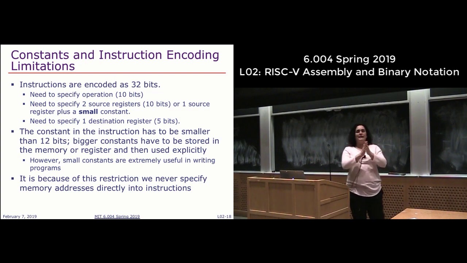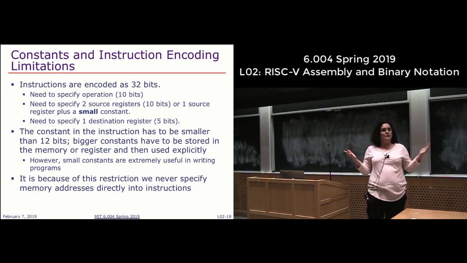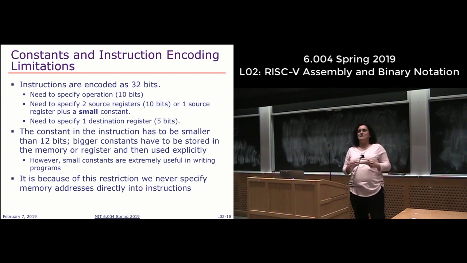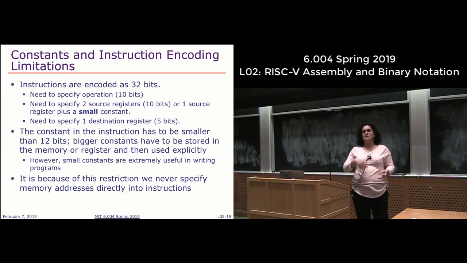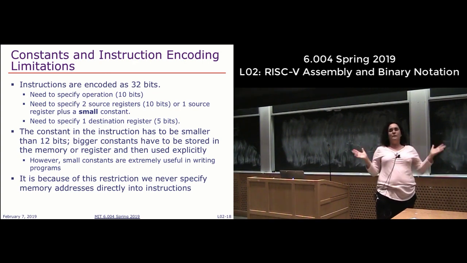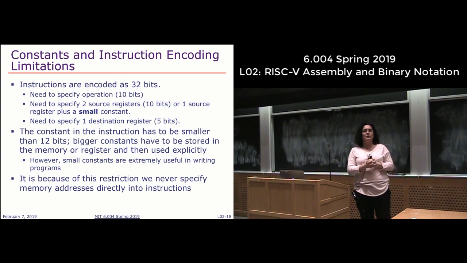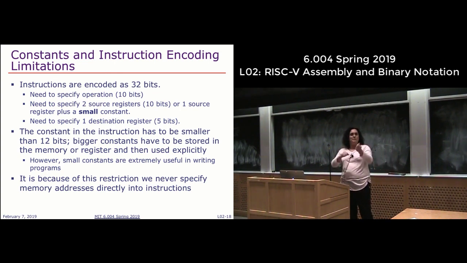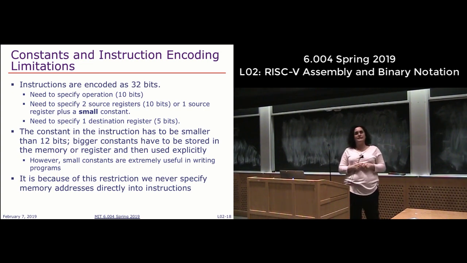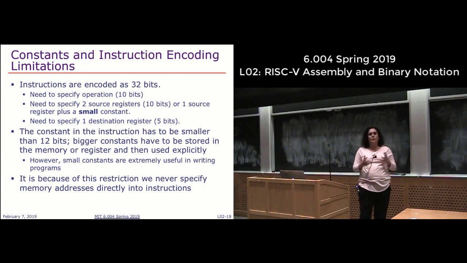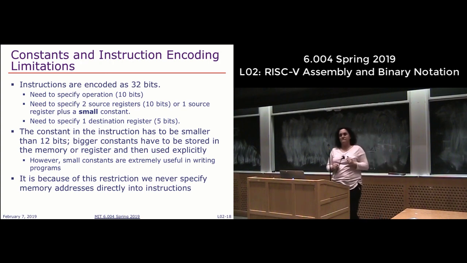If each one of my addresses in memory is 32 bits, there's no way that I could specify an operation plus 2 source memory addresses plus a destination address all within 32 bits. And so we don't support instructions that say something like add memory location A to memory location B and store that into memory location C, because we have no way of encoding that into 32 bits. Okay?